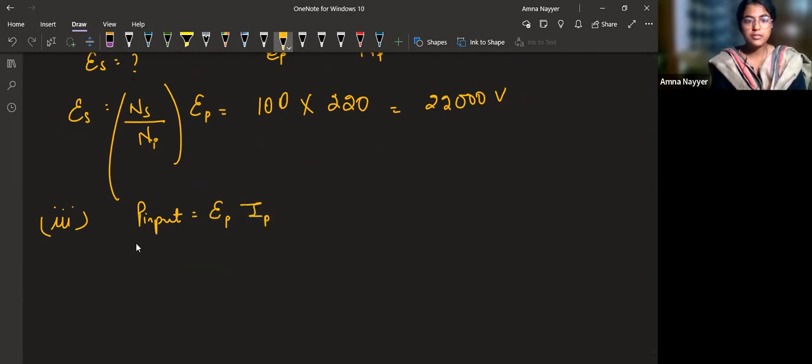Power input is 1100, voltage is 220 into IP. So current in the primary is 11 ampere.